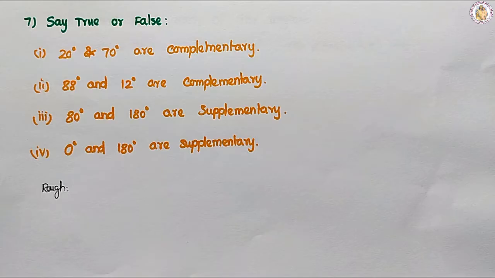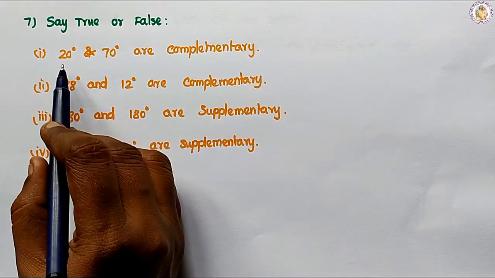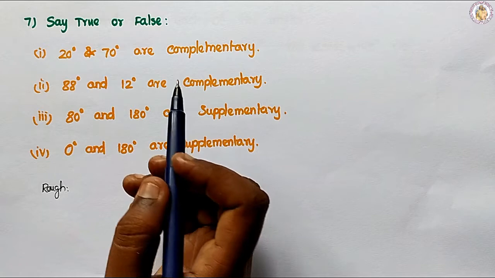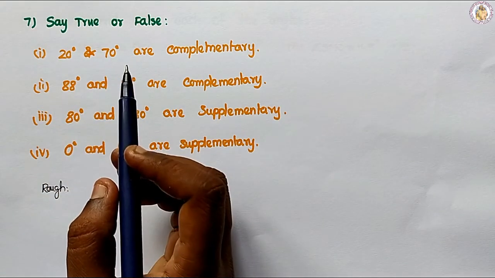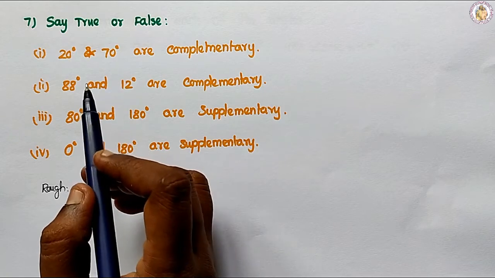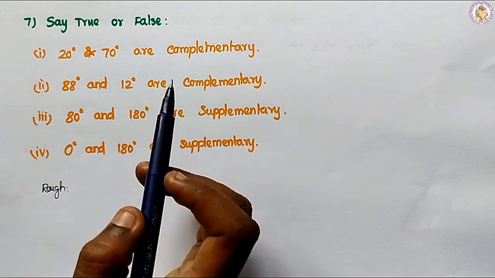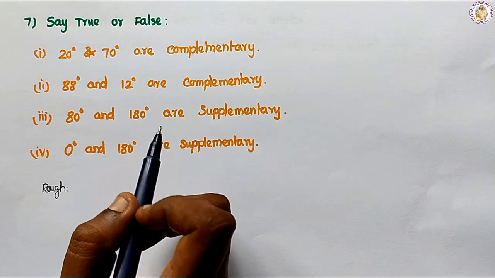That is the answer. Seventh one, say true or false. First one, 20 and 70 degree are complementary. Complementary means what? If we add these two angles means we should get how much? 90 degree. 90 degree means that is complementary. Otherwise it is not complementary.